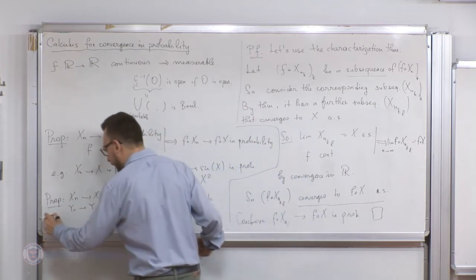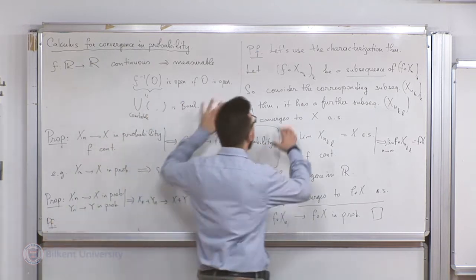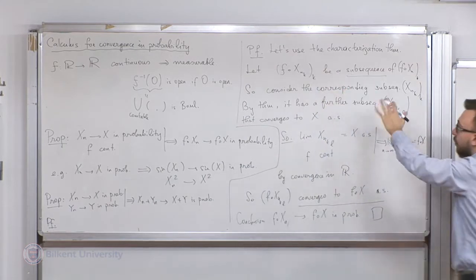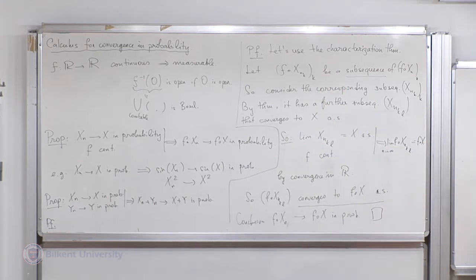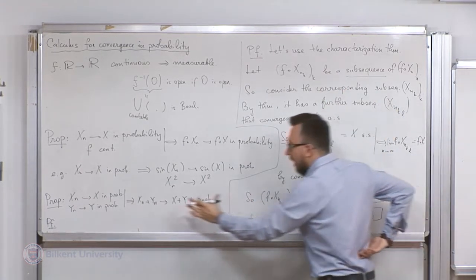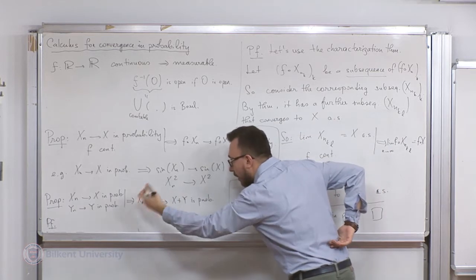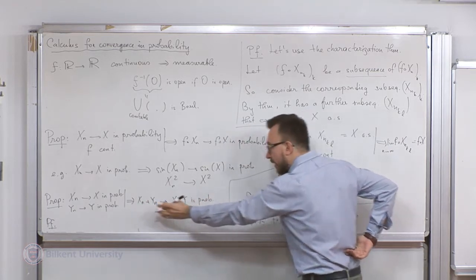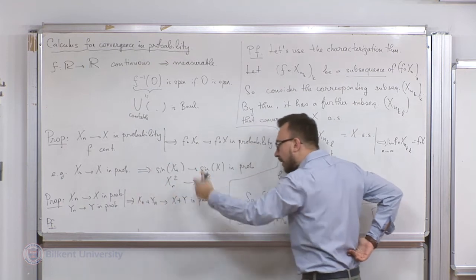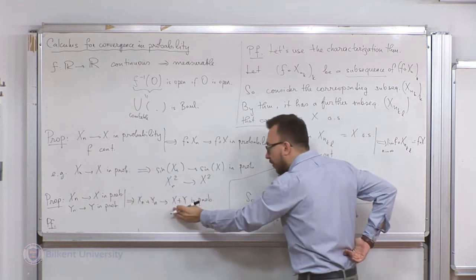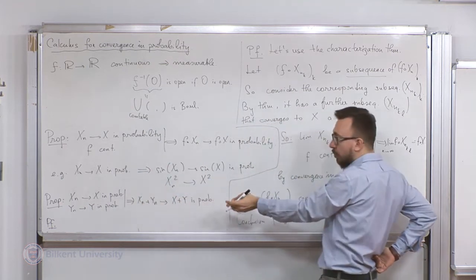I'm not going to prove it, but the proof is very similar to the previous proof. All you need to do is to check that an arbitrary subsequence of this sequence has a further subsequence that converges to X plus Y almost surely.